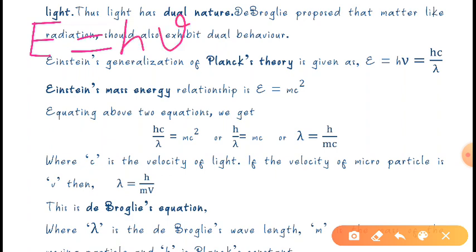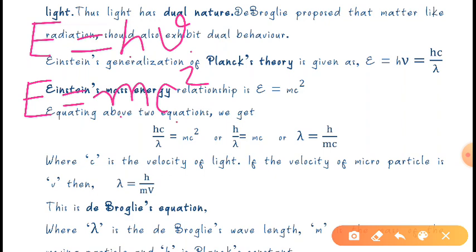And according to the Einstein mass energy relationship, E is equal to mc square. Here h is the Planck constant, mu is the frequency of radiation, m is the mass of the photon, and c is the velocity of light.